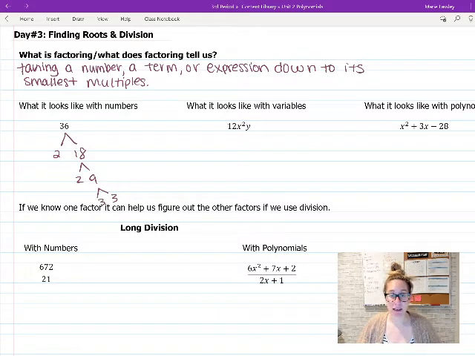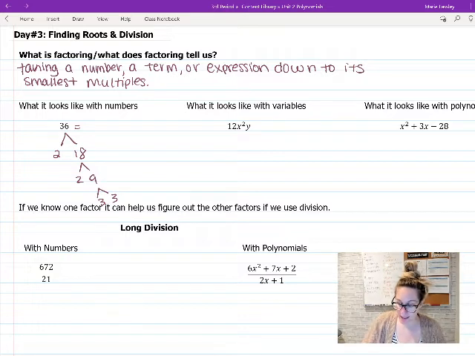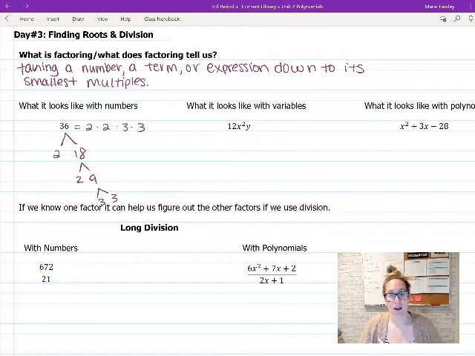That's 3 times 3. So you could say that 36 is 2 times 2 times 3 times 3. That is factoring with just a number value.